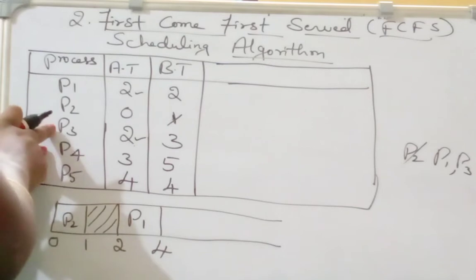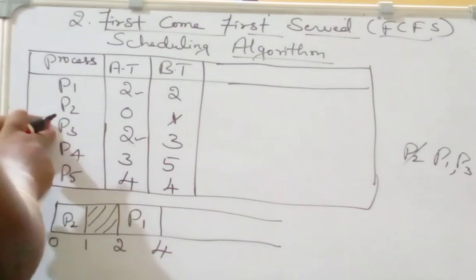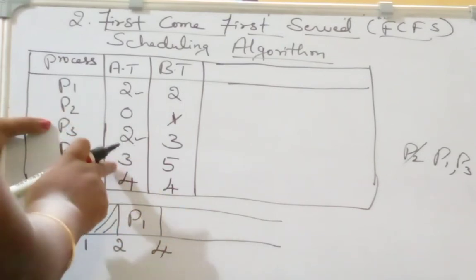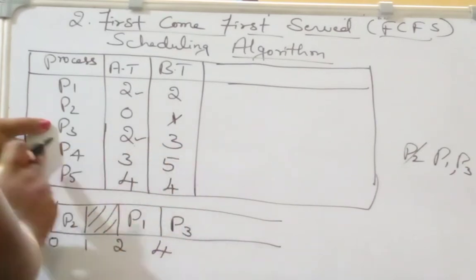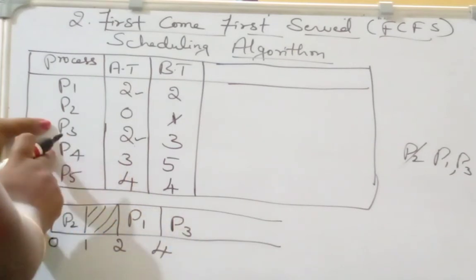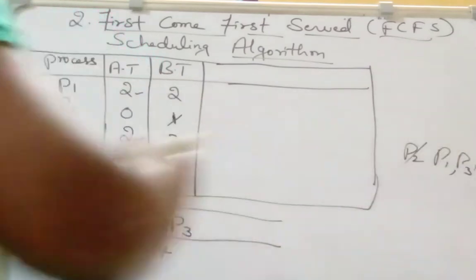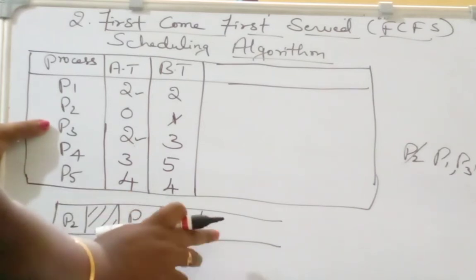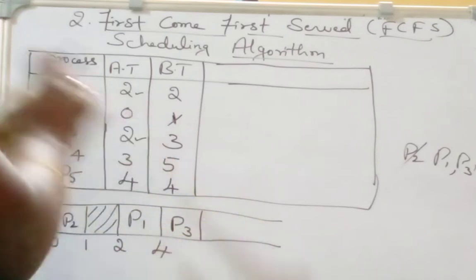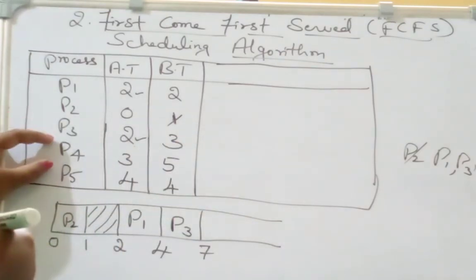But P1 will continue its execution, and later the control will be given to P3, because it arrived before P4 and P5. So the control will be given to P3. P3 will hold the CPU till its complete execution, that is for 3 milliseconds. That is 7. By this time all the processes have arrived.